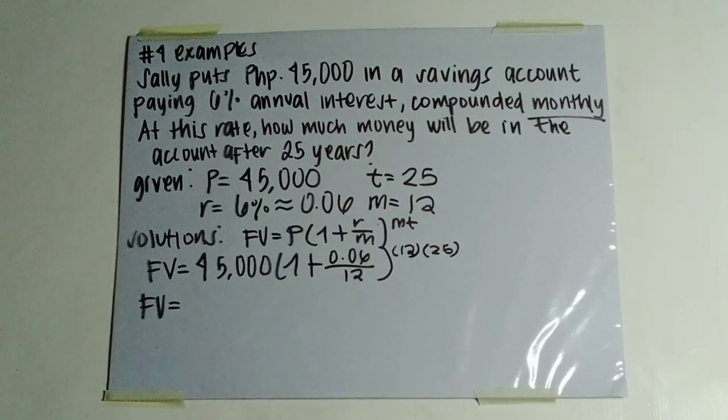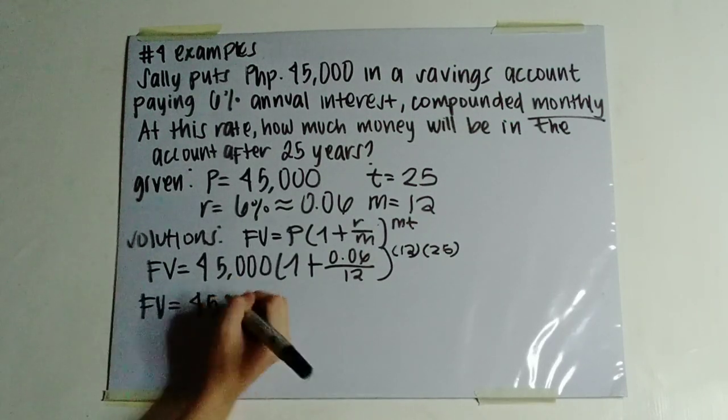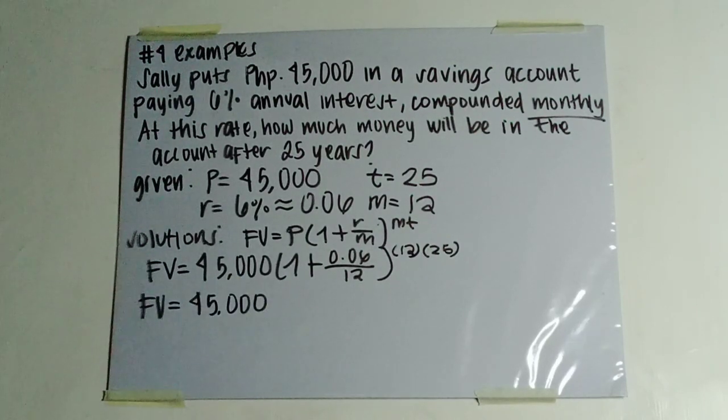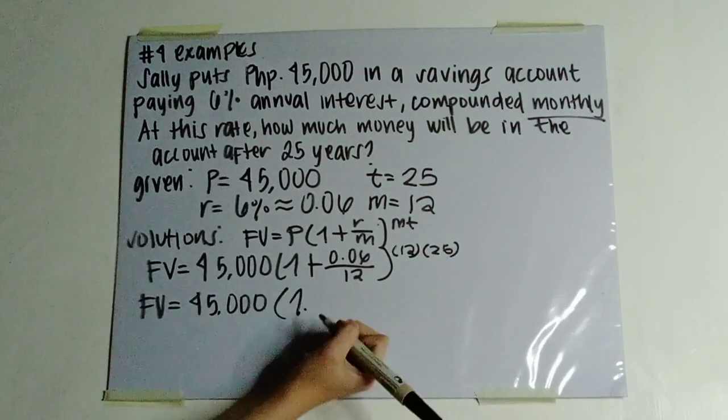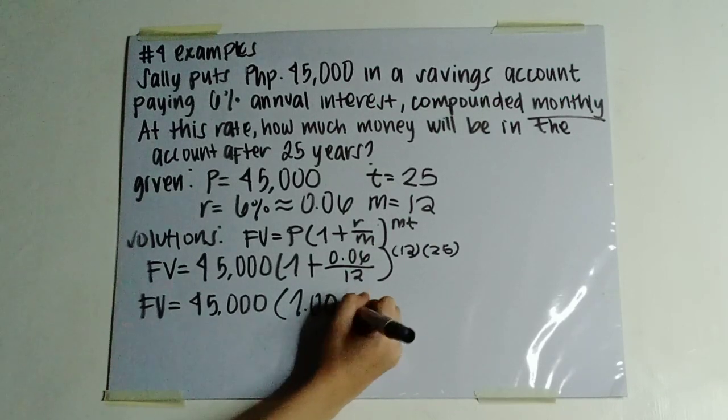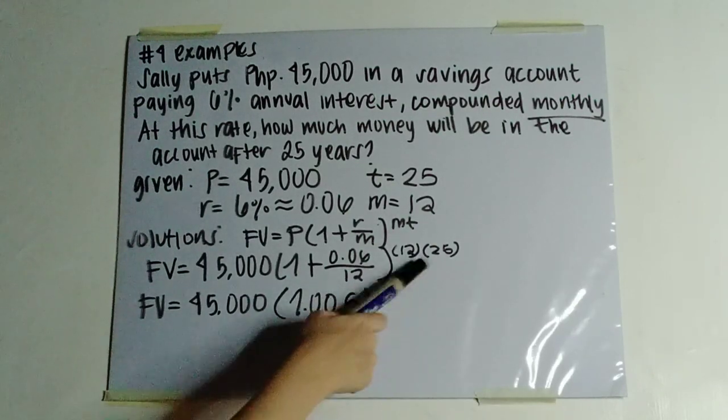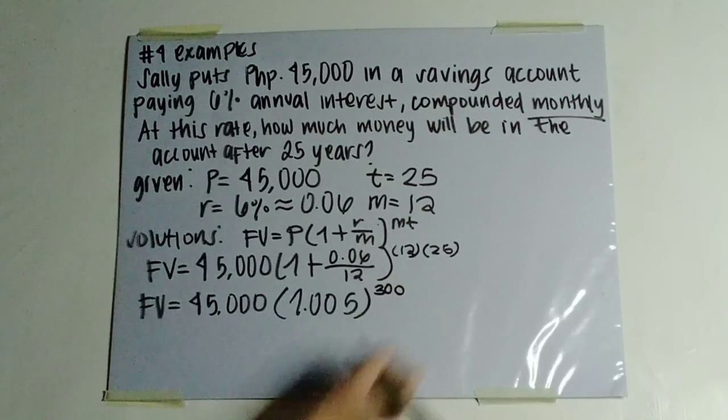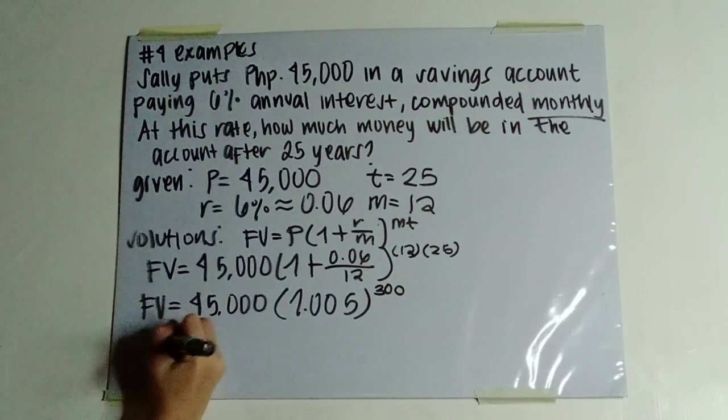So FV equals 45,000 times 1 plus 0.06 divided by 12, which is 1.005. 12 times 25 is equal to 300.